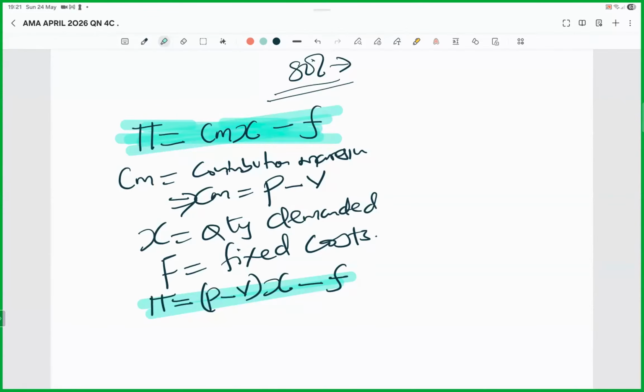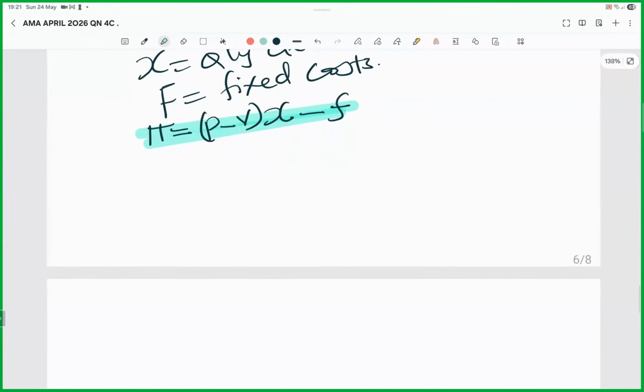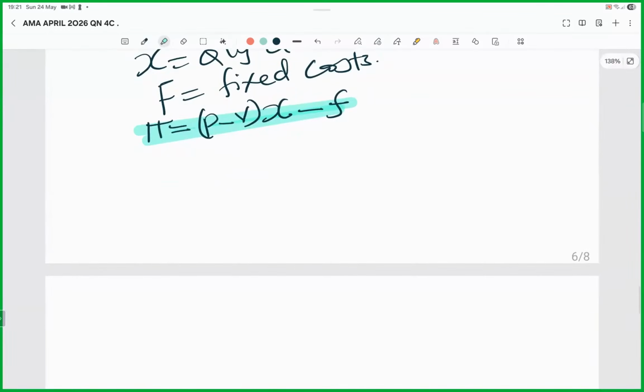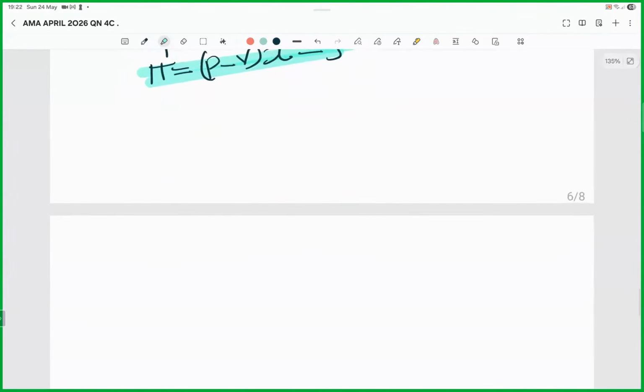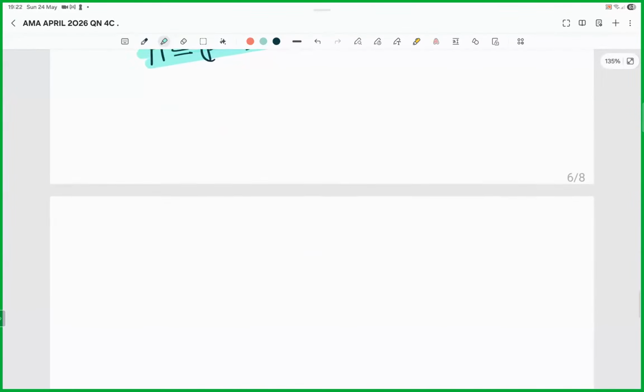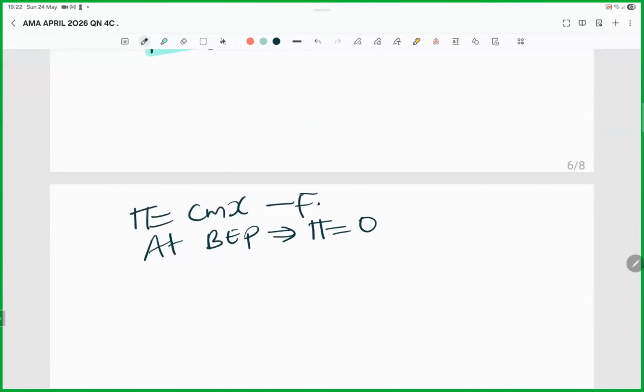Thank you so much. So we continue here. You are the sharp boys and sharp girls. You just told me that profit equals CMX minus fixed cost. And you're telling me that at break-even point, profit equals 0.